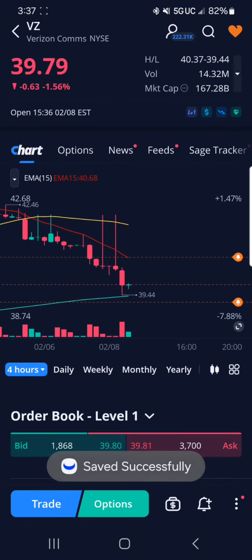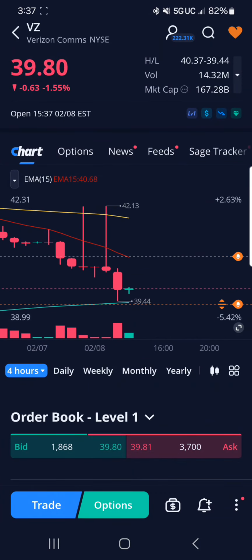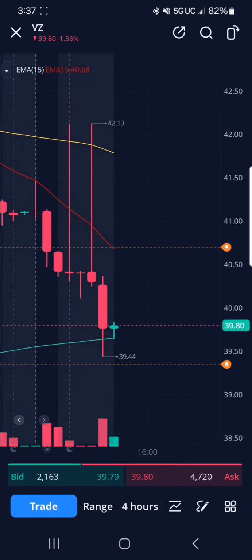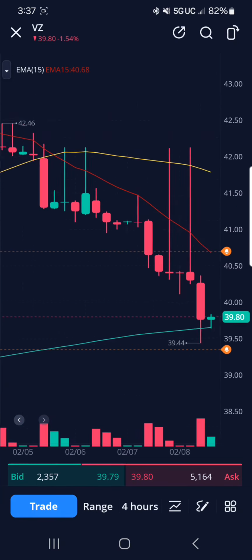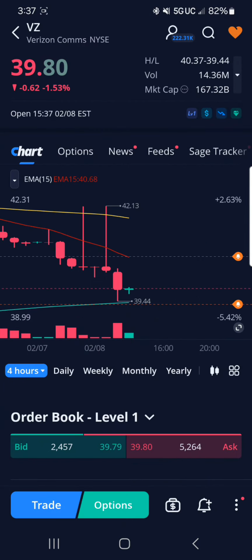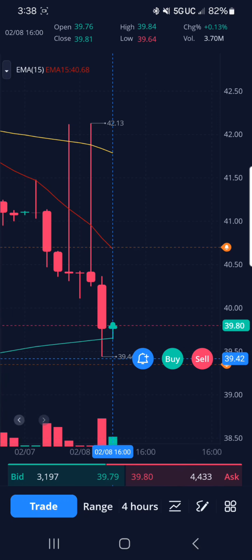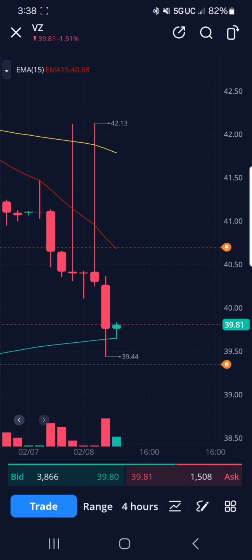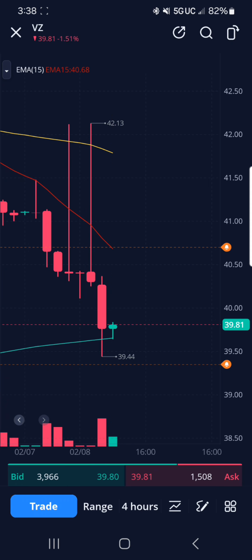Alright, so if I tighten the stop loss and put it just below the 180, as you can see here at 39.35. Matter of fact, I could tighten the stop loss even more because when I zoom in closer on the 4 hour, you can see that's not exactly below the 180. I would need it just below where it bounced last time. So let's say 39.40 would be the stop loss.